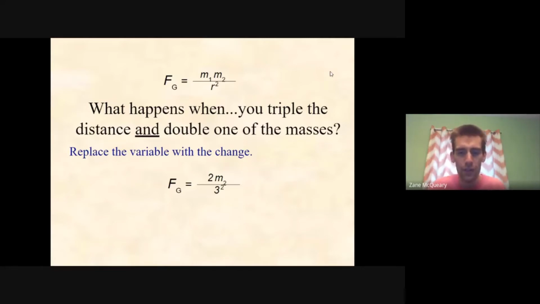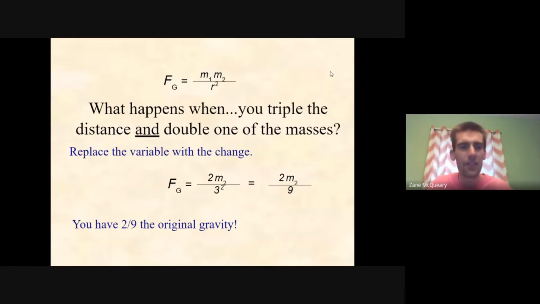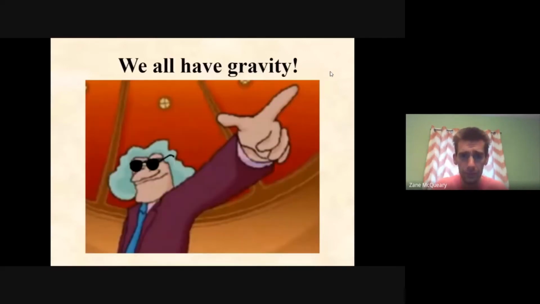So if we simplify this, we have 2 over 9, so we have 2/9 of the original gravity. So that's a simple way of comparing those relationships when you're multiplying or decreasing those values inside that equation.